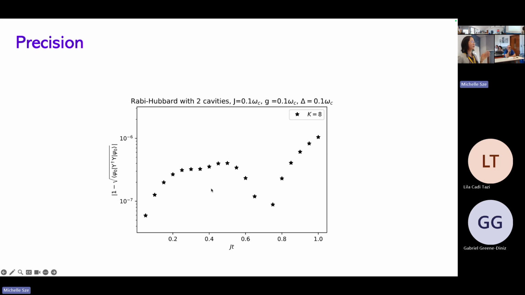Basically, this is the plot proving that, relative to one, for k equals 8, you're close to actually getting that time evolution operator at different times.